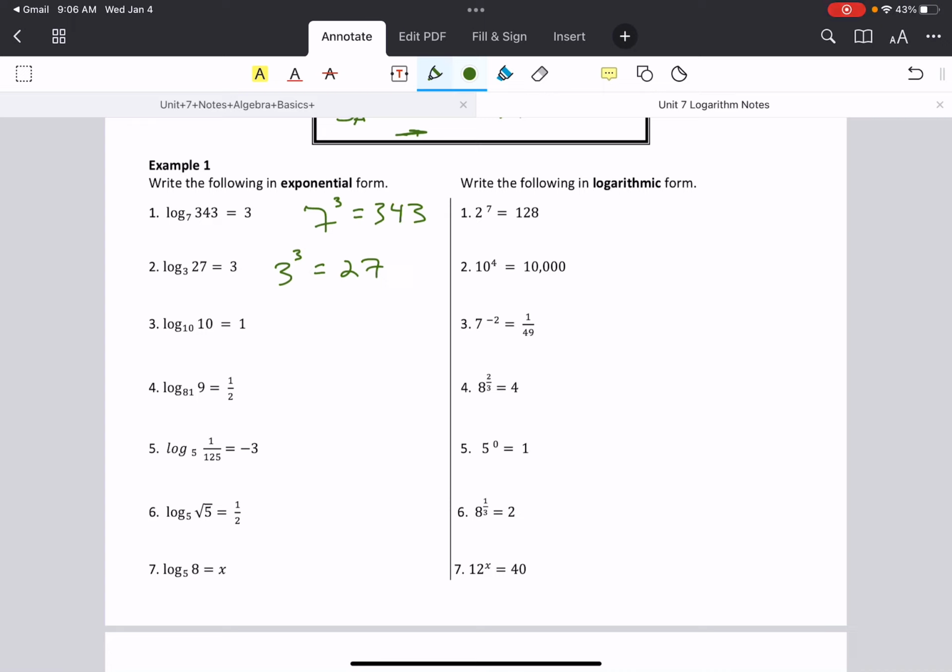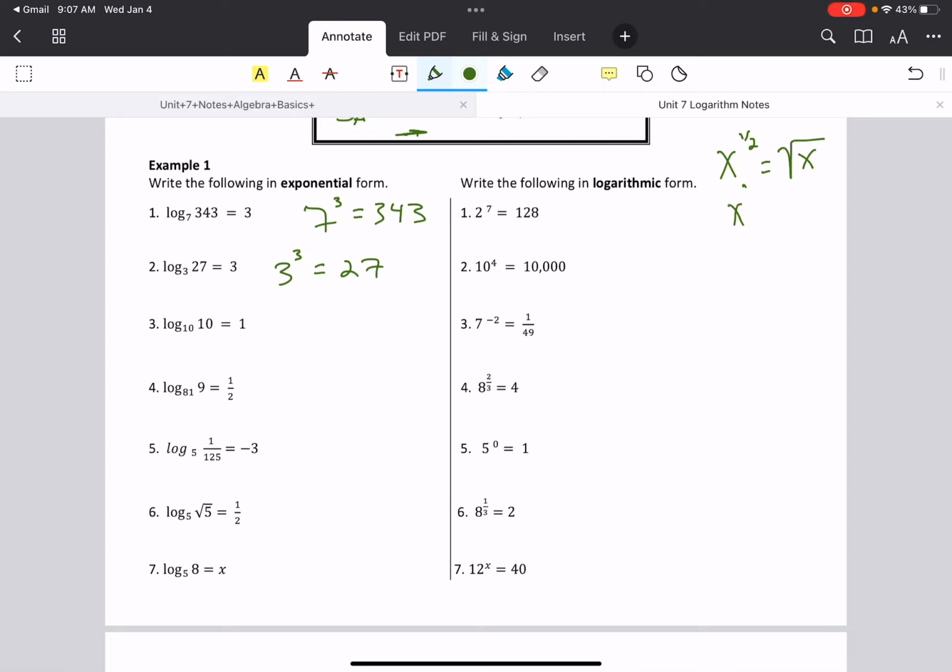No. Okay. X to the 1/2 is the same as something else. A fractional exponent is the same as something. What? Not a square. Square root. You guys, does that jog your memory?